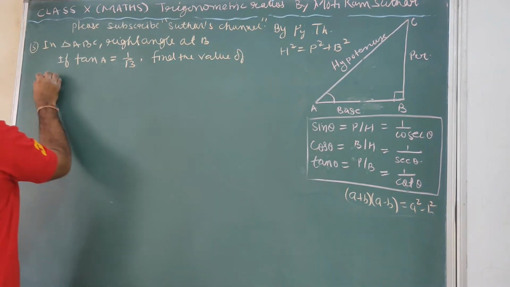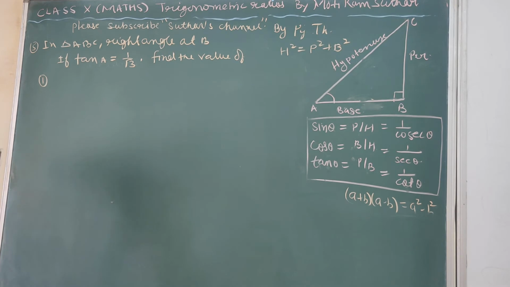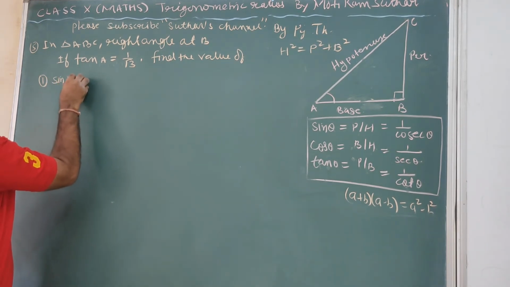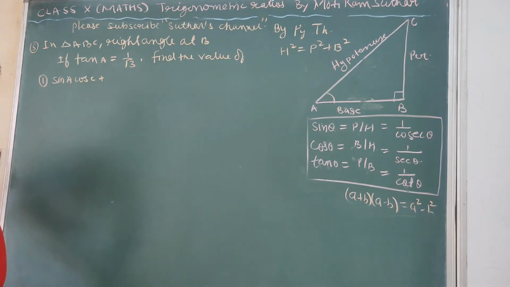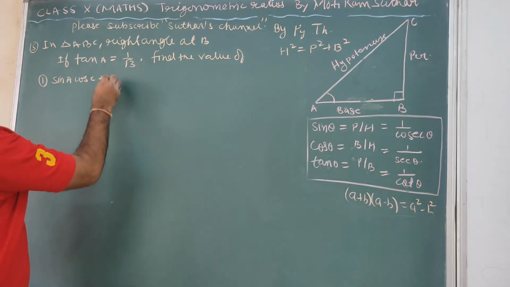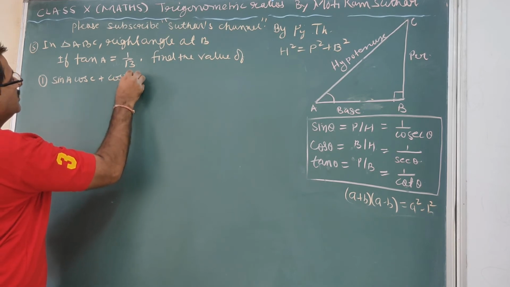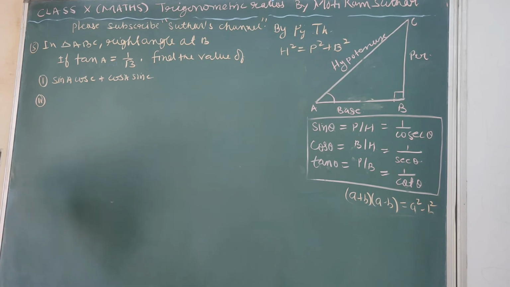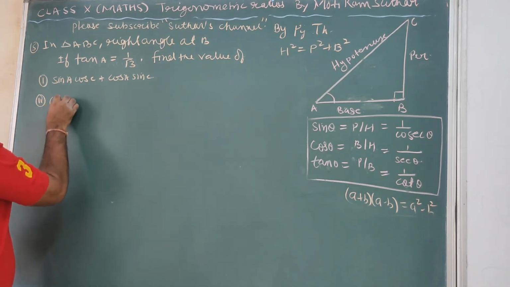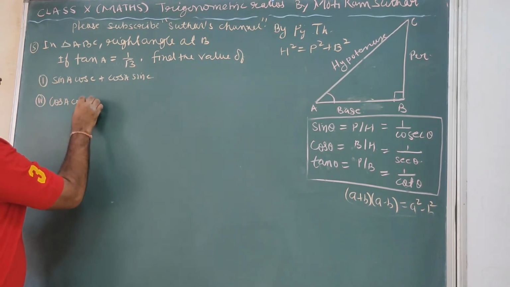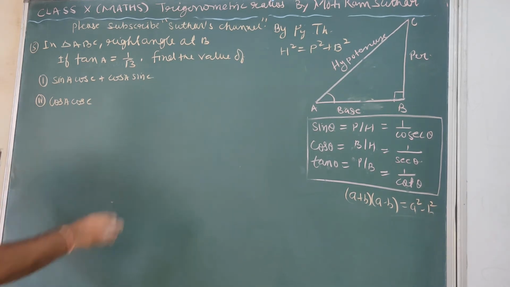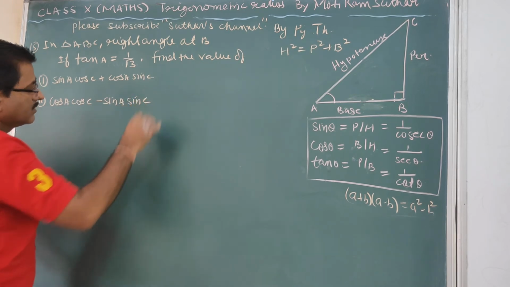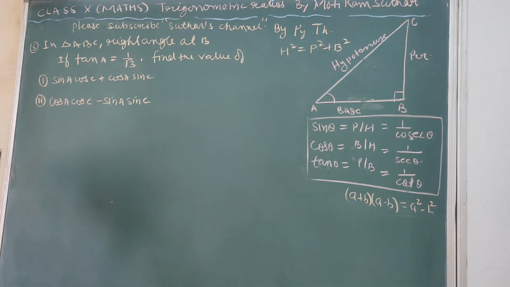so we have two parts. First is sin A cos C plus cos A sin C. Second, cos A cos C minus sin A sin C. Clear?